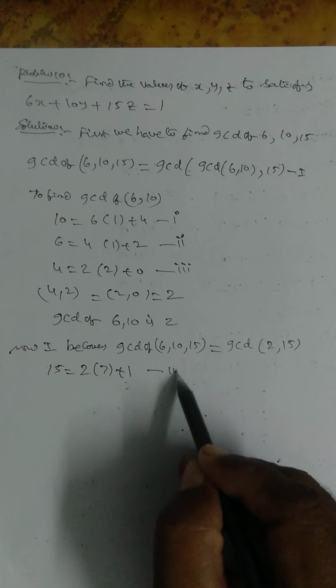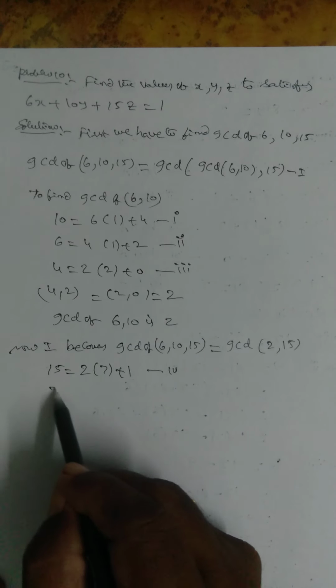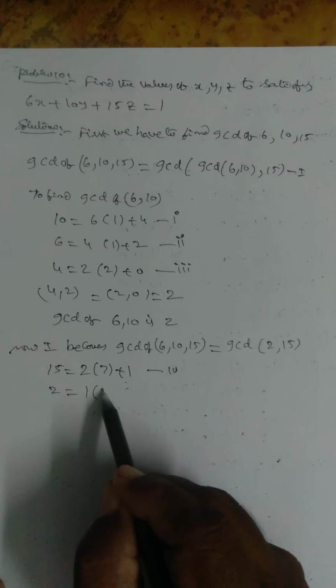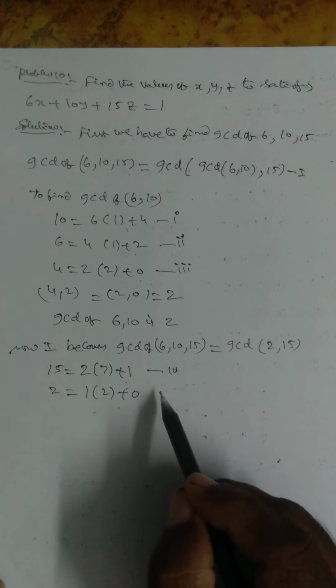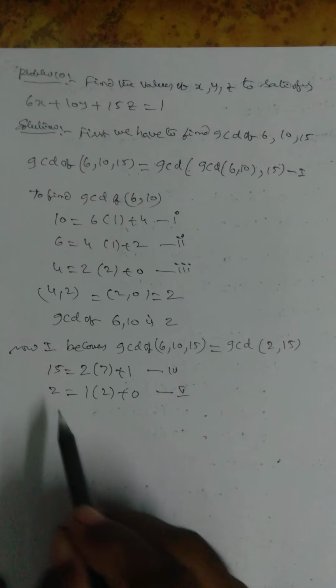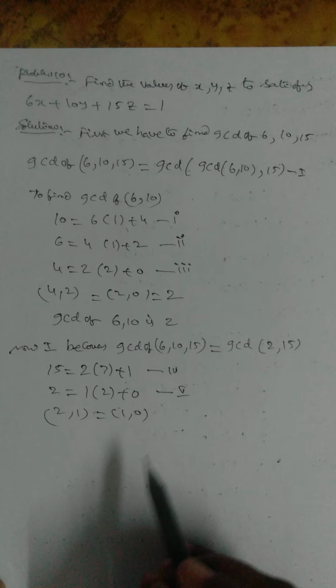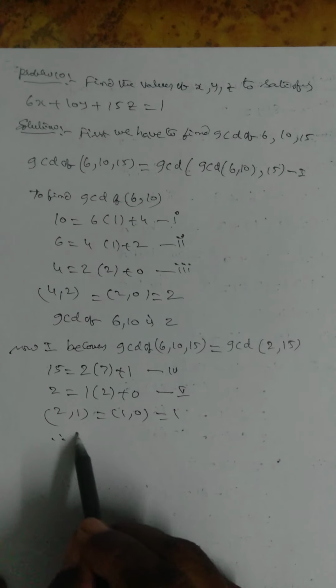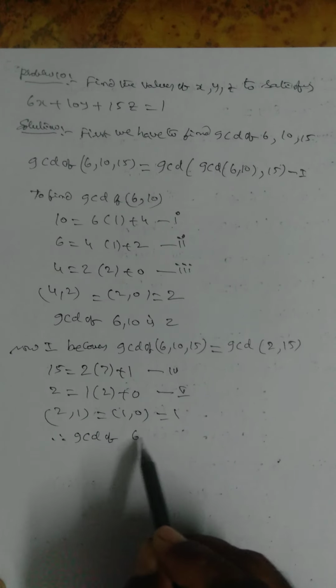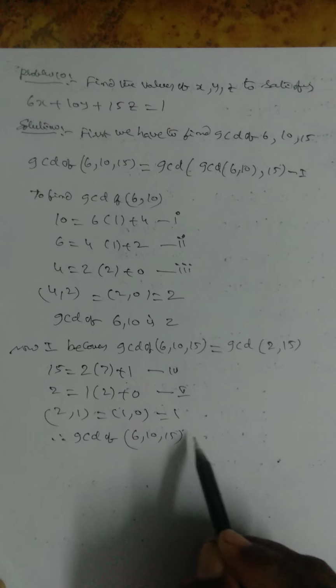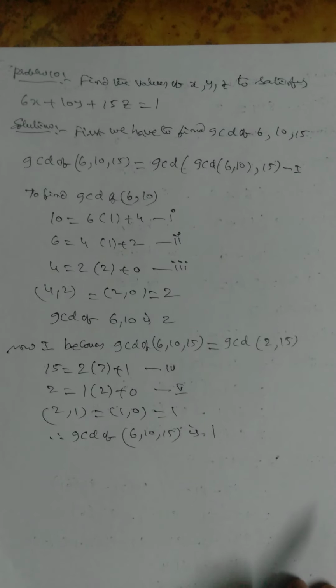Say this is 4. 2 is equal to 1 into 2 plus 0. This is 5. So GCD of 2, 1 is 1. Therefore GCD of 6, 10, 15 is 1. This is the way of finding the GCD of 3 numbers.